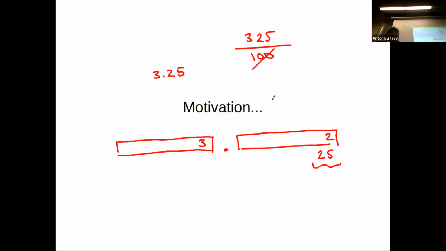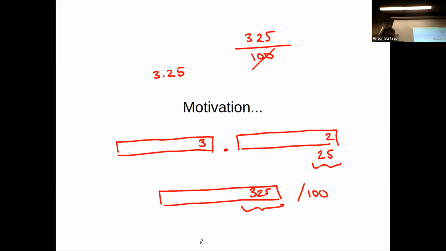I can agree on the fact that all my numbers are divided by 100. Then you can just use a 32-bit register, put 325 here and do operations on these numbers. But the moment you want to put it on a screen, you know that the real value of this number is not 325, but 325 divided by 100.